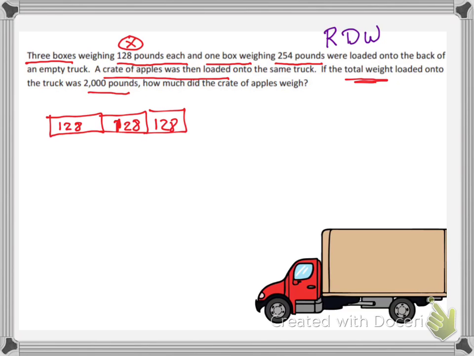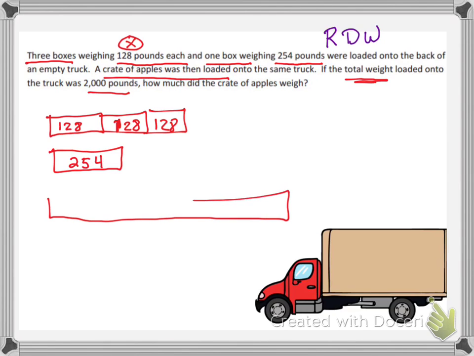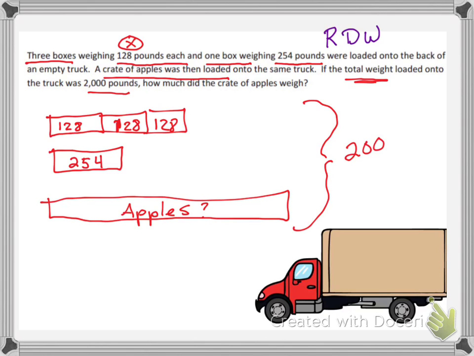Okay, and then there's another box that weighs 254. All right, so then we know that there's a box of apples, but we don't know how much that one is. But we do know all of this weight, all these pounds, is going to equal 2,000 pounds.